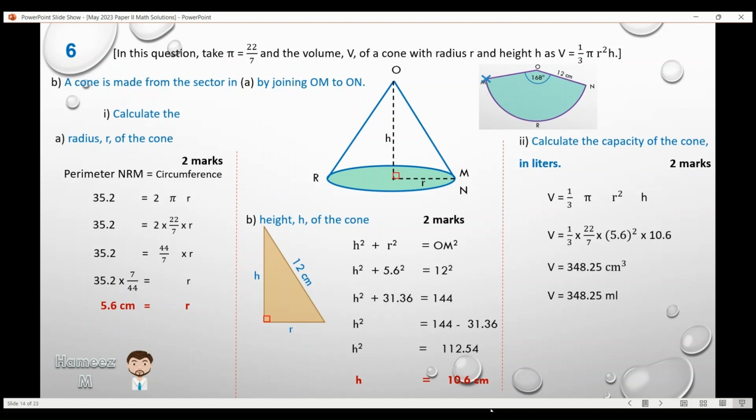So how do we convert from milliliters to liters? The difference is 1,000. So 1,000 milliliters makes 1 liter. To convert to liters, we must divide by 1,000, which means we are moving the decimal point 3 places to the left. And if we do that, we get 0.34825, approximated to 0.35 liters.